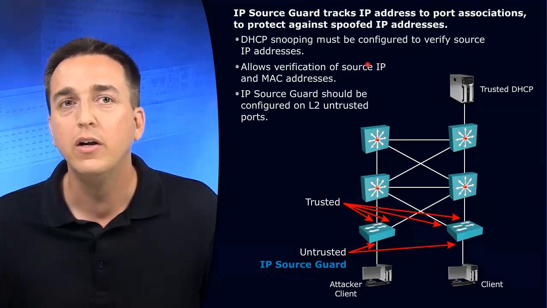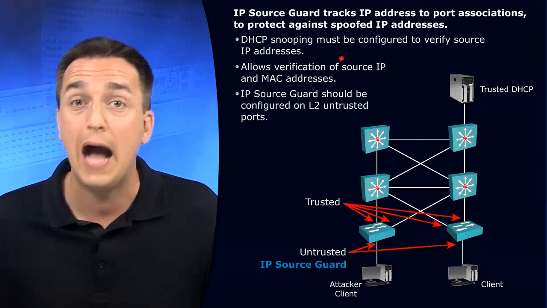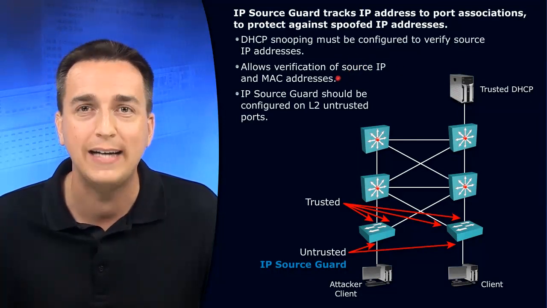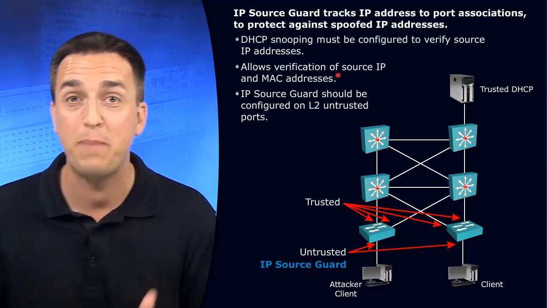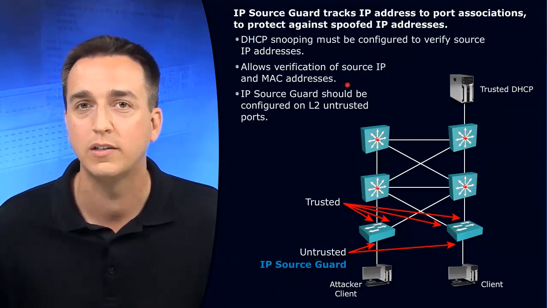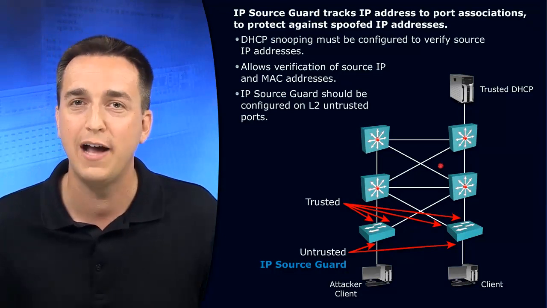So that way, the secure MAC address coupled with the IP address in that binding table will be utilized to make sure that both the frame and the packet are from the legitimate source. So preventing spoofing of both the MAC and the IP address.